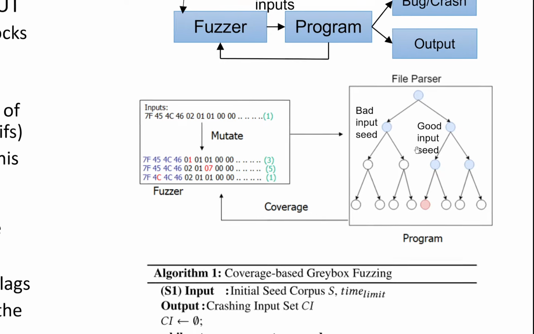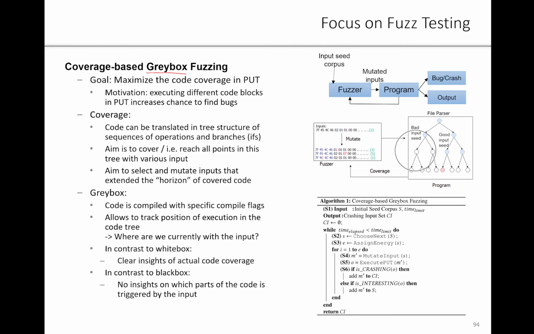And of course it's then more interesting if we increase the coverage, so we have an input that reached new points, new functions. That's interesting, so we should do more of that. So the aim is to increase the coverage of your code, so that at the end, with your various inputs, you have gone through all parts of the code.